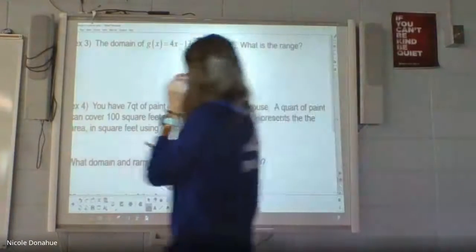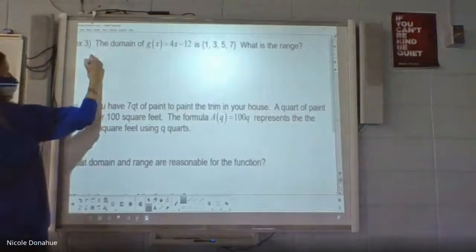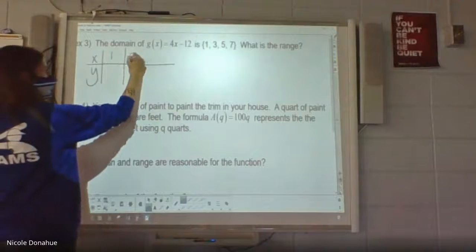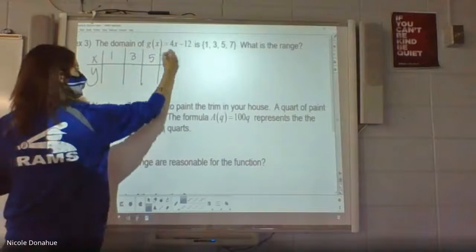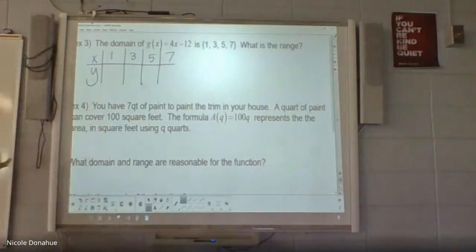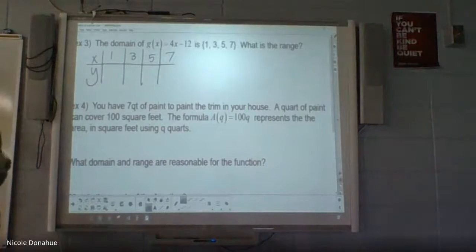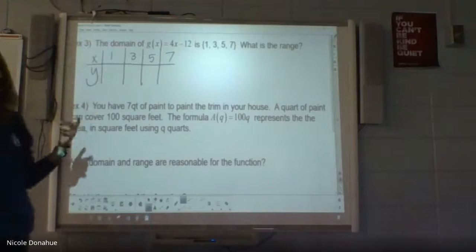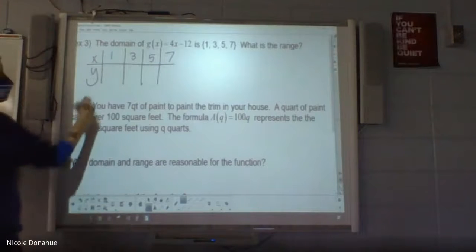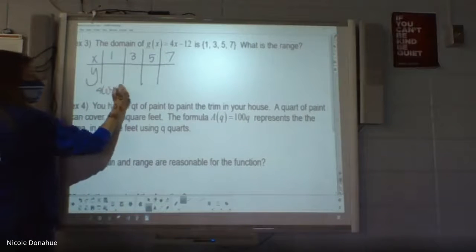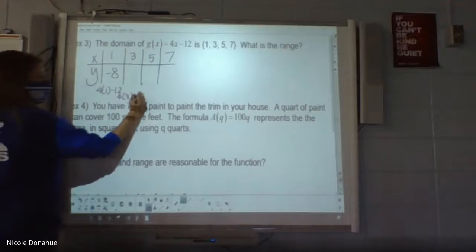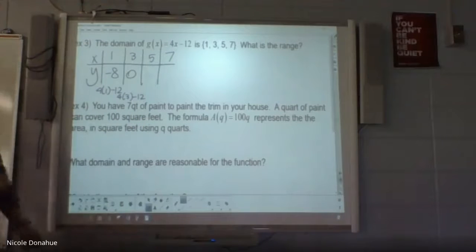So again, if you'd like to just make a little table, I can't make the table the right size that way, so I'm going to go this way. I'm trying to find the y values, which is the range, based off those x values. Just like our warm-up, we're putting each of those values in and finding the y values. So 4 times 1 minus 12 is negative 8. 4 times 3 minus 12, 0.